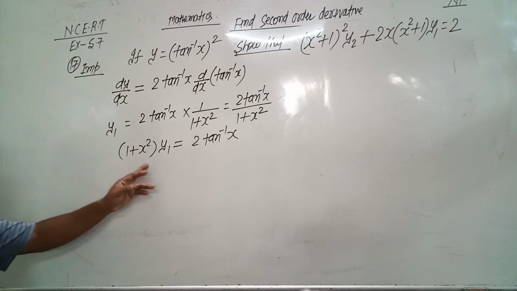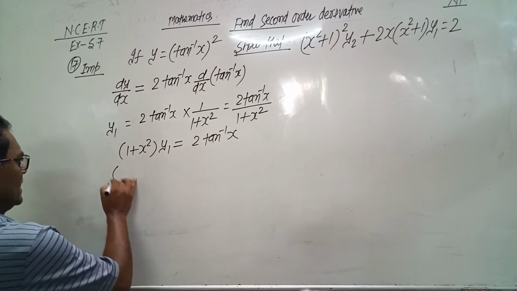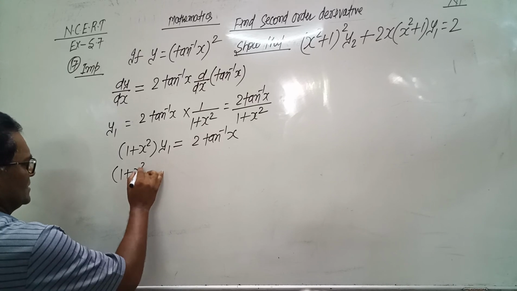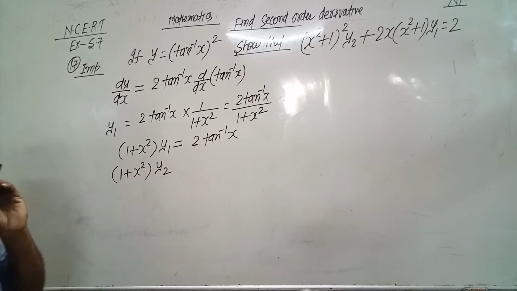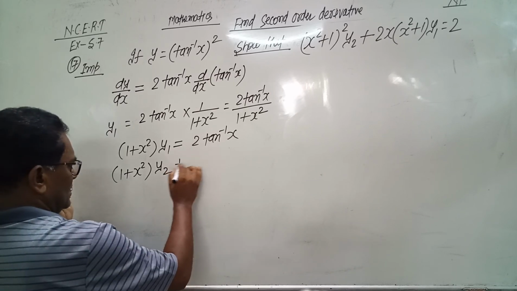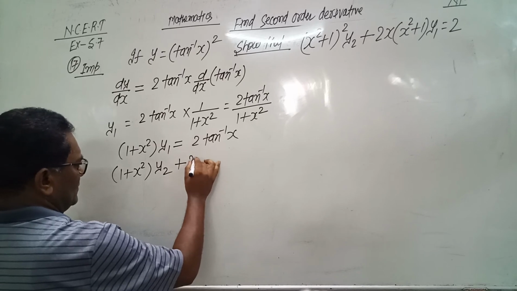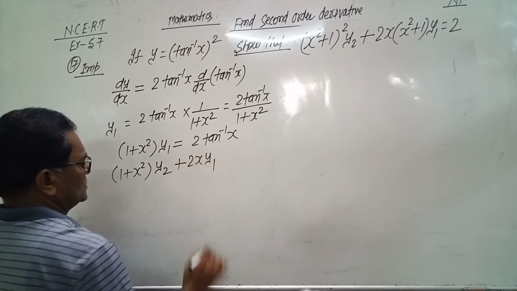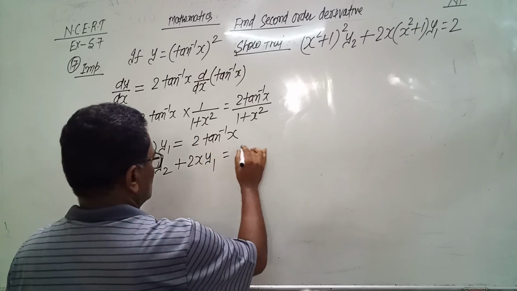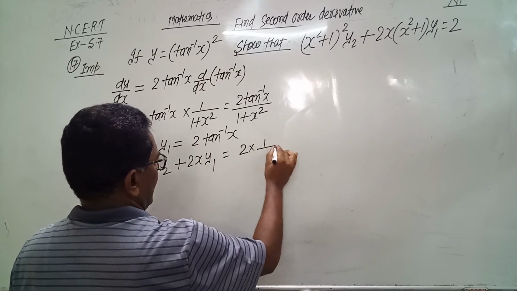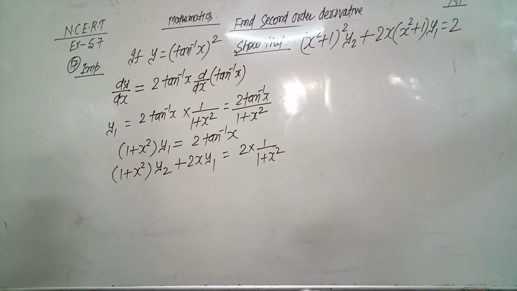Now differentiate in the form u into v. So 1 plus x square as it is, differentiation of y1 is y2, plus y1 as it is, differentiation of 1 is 0 and differentiation of x square is 2x. So 2x into y1 is equal to 2, and differentiation of tan inverse x is 1 by 1 plus x square.